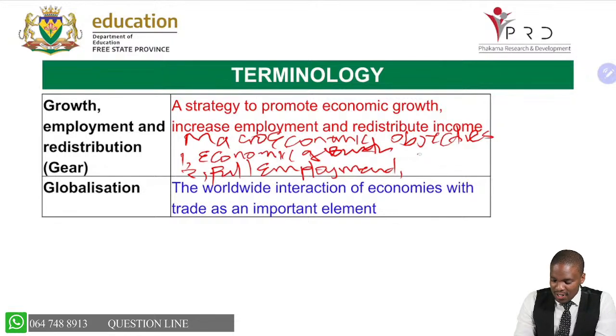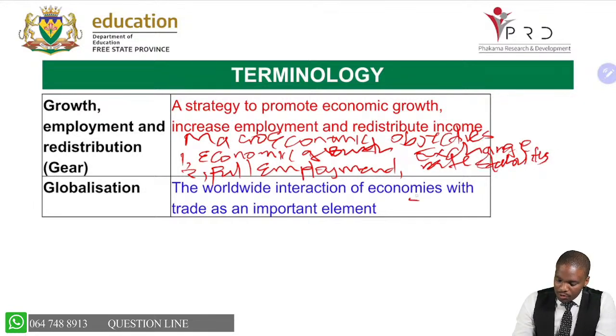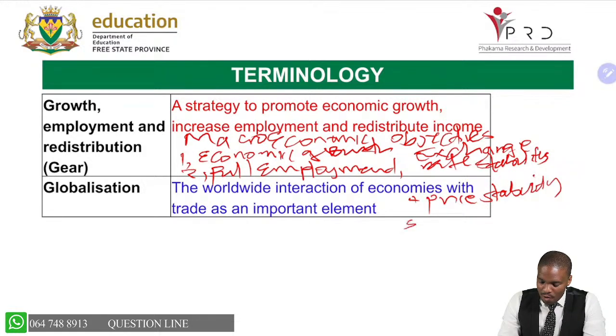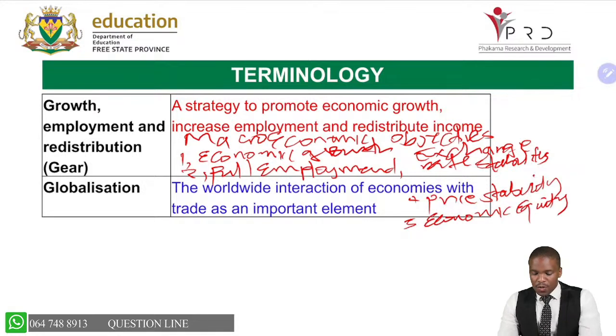Number 3, it is exchange rate stability in terms of exports and imports. Then number 4, we said that is our price stability. Then number 5, it is our economic equity. So those are our macroeconomic objectives by the state.